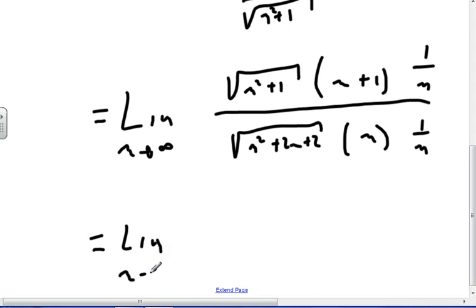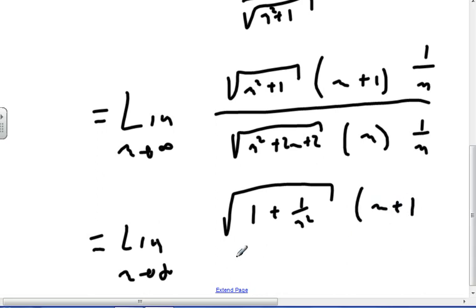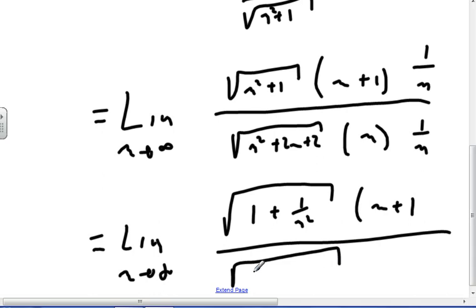Limit n goes to infinity. Square root of 1 plus 1 over n squared, n plus 1, over square root of 1 plus 2 over n plus 2 over n squared times n.